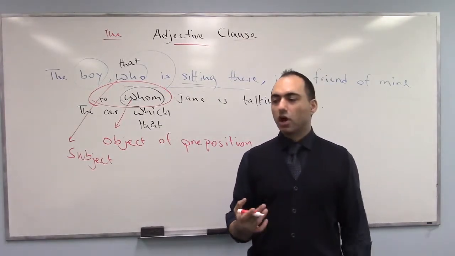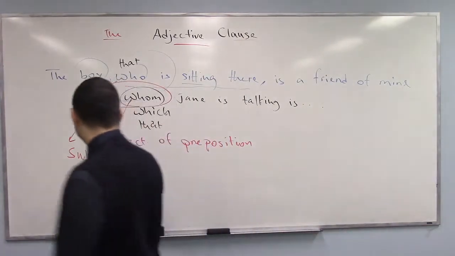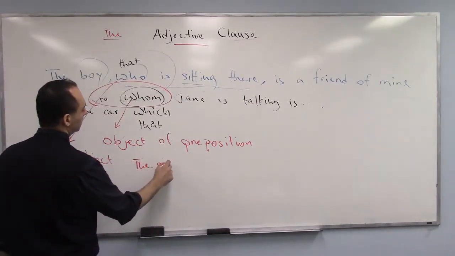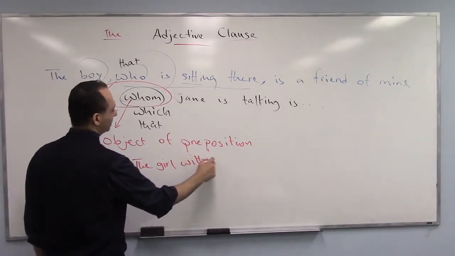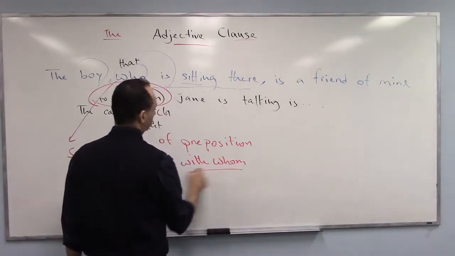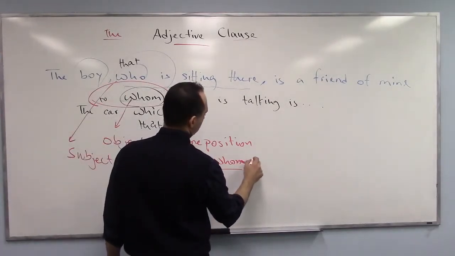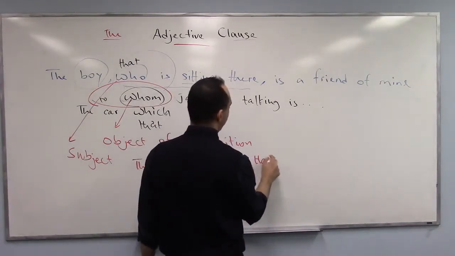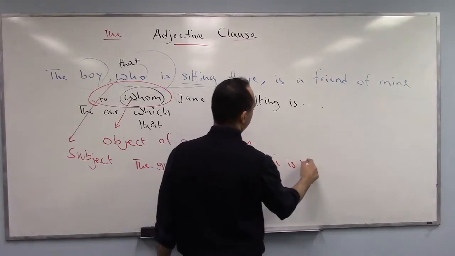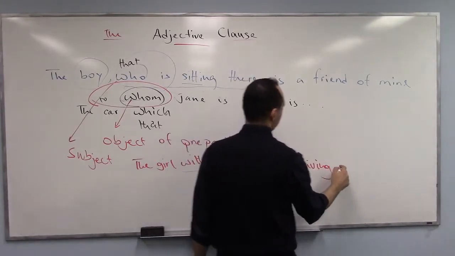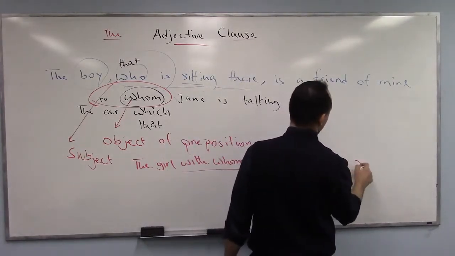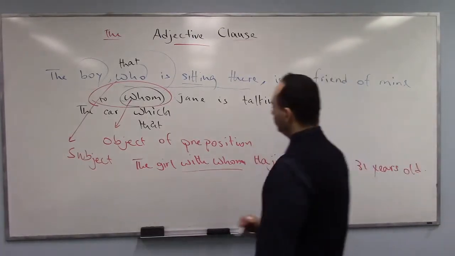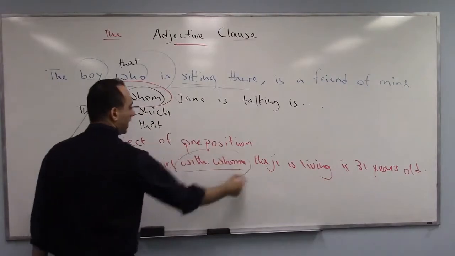So the girl with whom Hobby is living is 31 years old. So the girl with whom, I don't say with who.